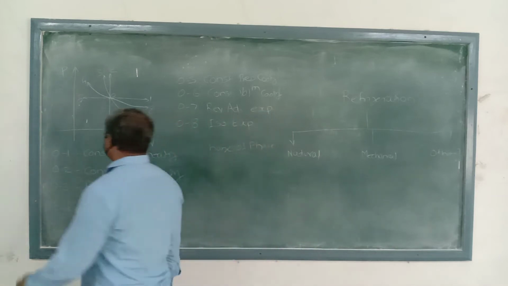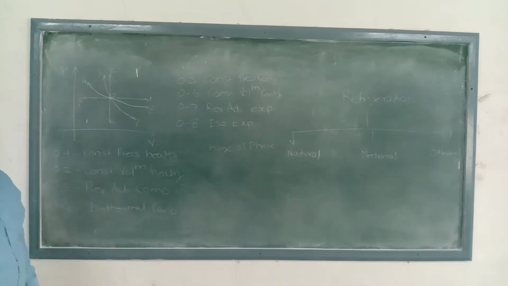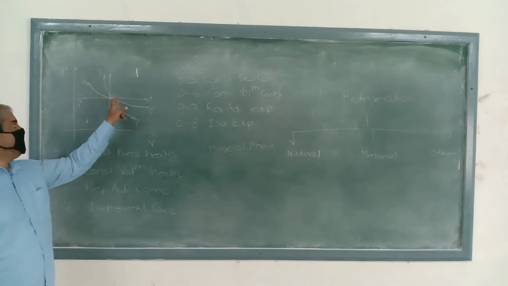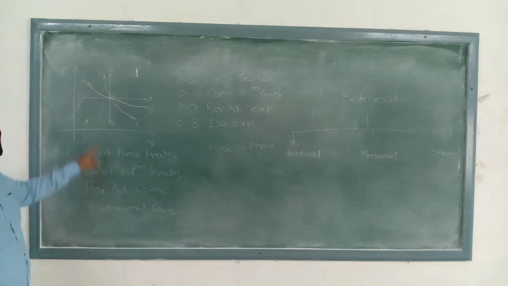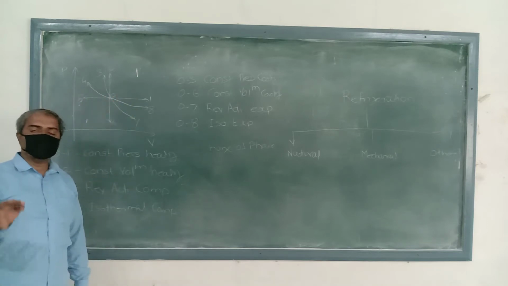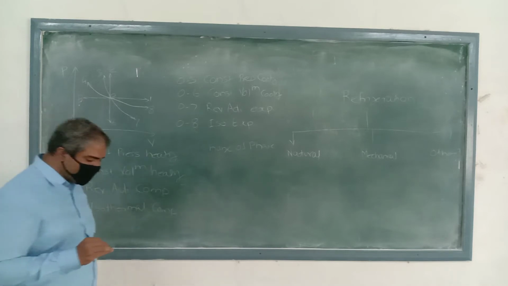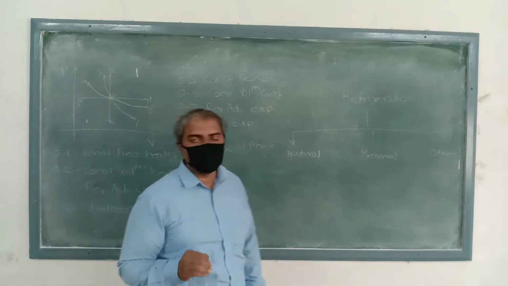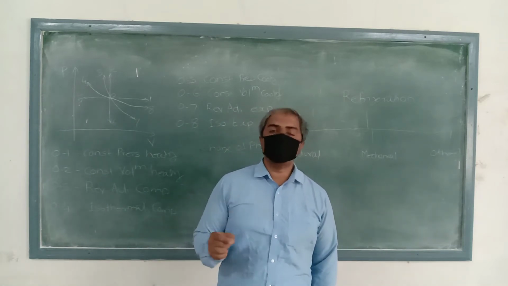The first process is 0 to 1. In this process the pressure parameter is constant, so we call it a constant pressure process.